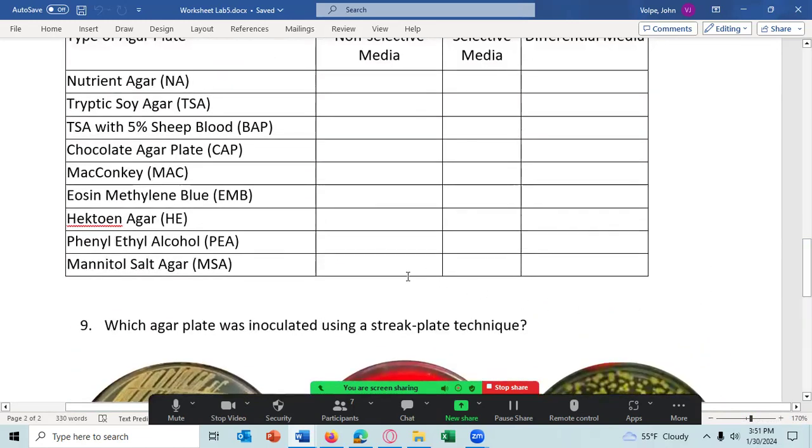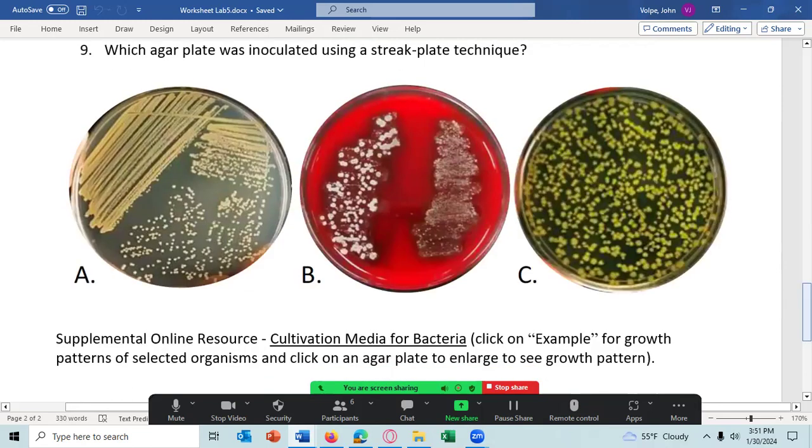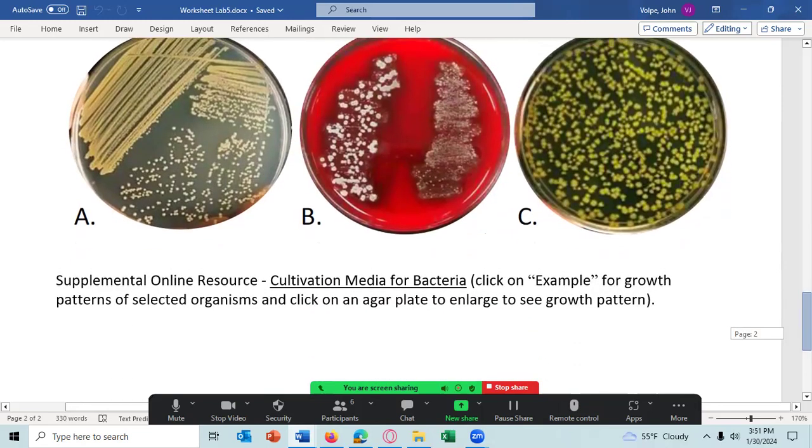Like I said, you can choose more than one. You can put an X in 2 columns. In no case do you put an X in all 3 columns, because you can't have a media that's both non-selective and selective.